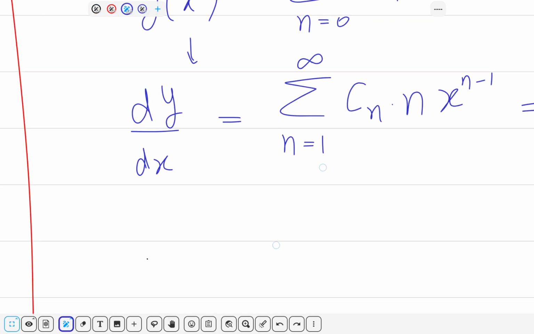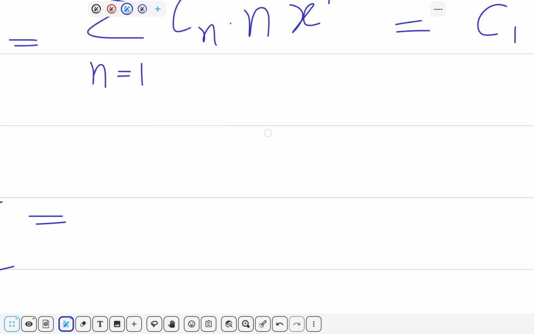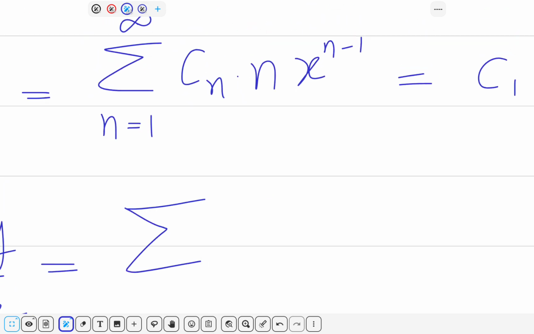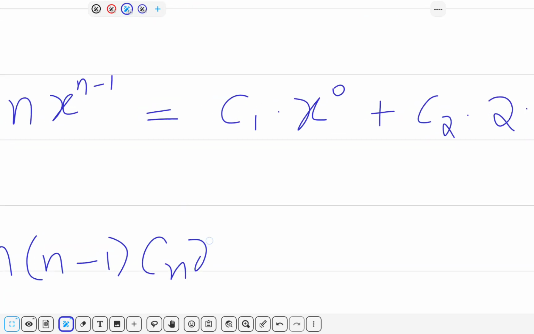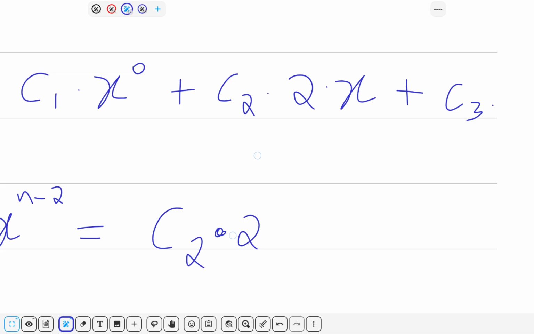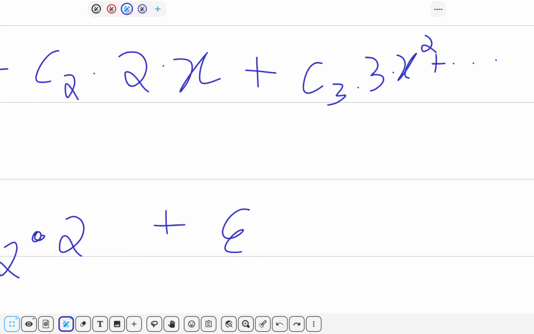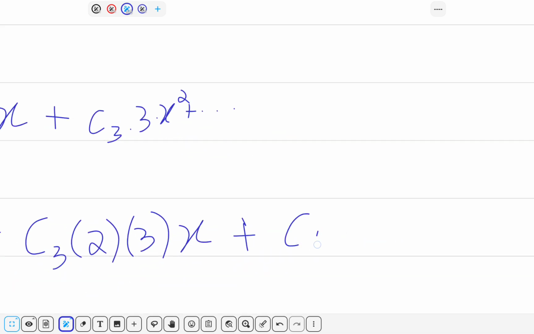So if I differentiate this again, one more term will vanish, so I will just write n times n minus 1 times cn times x power n minus 2, and this will look something like c1 is gone now, c2 times 2, c3 times 2 times 3 x plus c4 times 4 times 3, I guess.